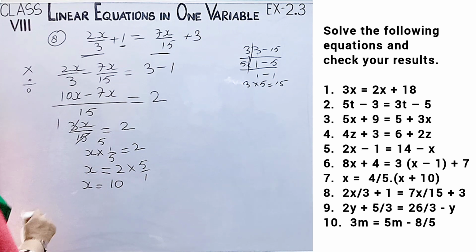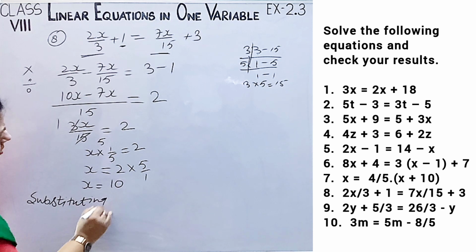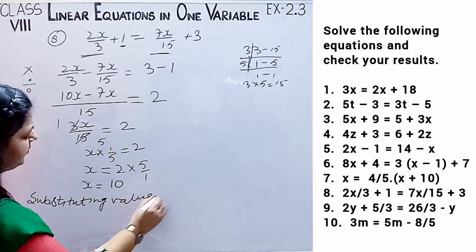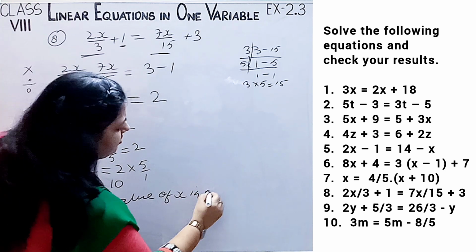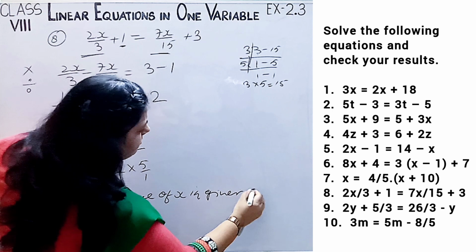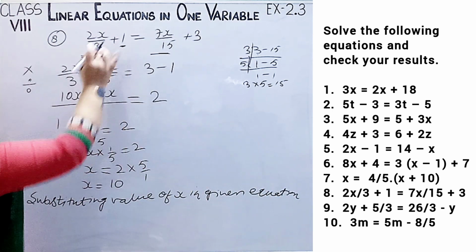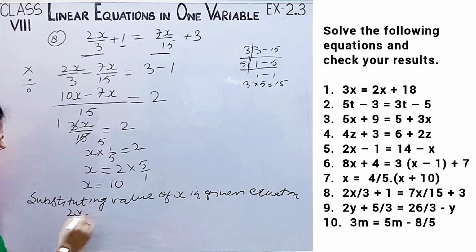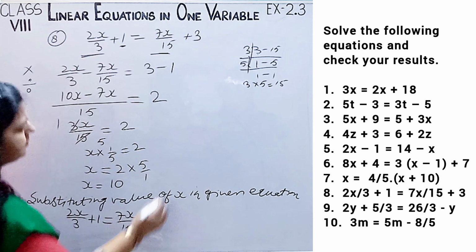Now the checking part. Substituting the value of x in the given equation. Our equation is 2x upon 3 plus 1 equal to 7x upon 15 plus 3.